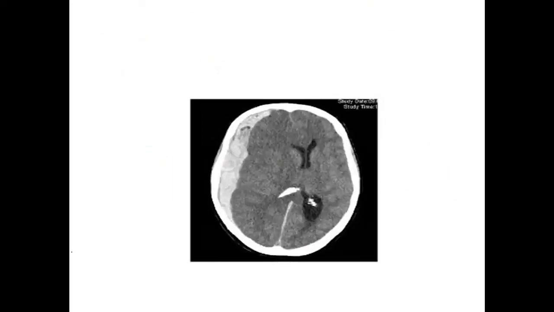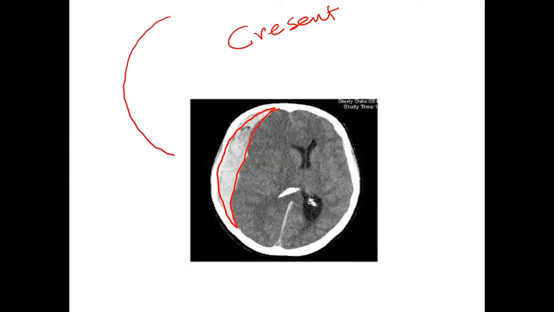Now, if you look at this image, you see there is a collection here, and the shape of this collection is crescentic. It's like a crescent. It is concave on one side and convex on another side. So it's a concavo-convex crescentic appearance.